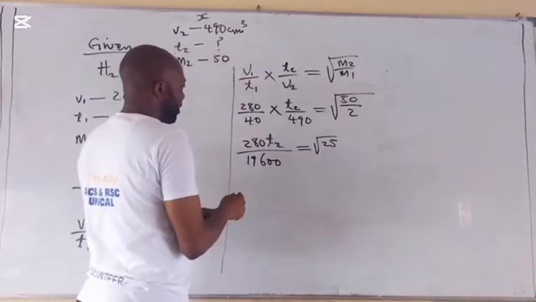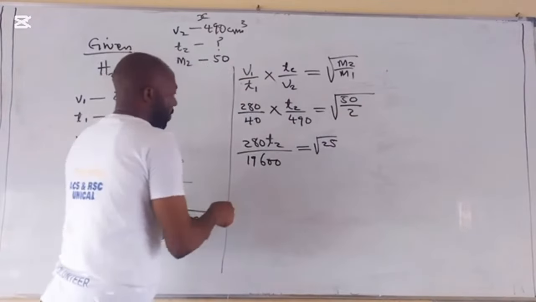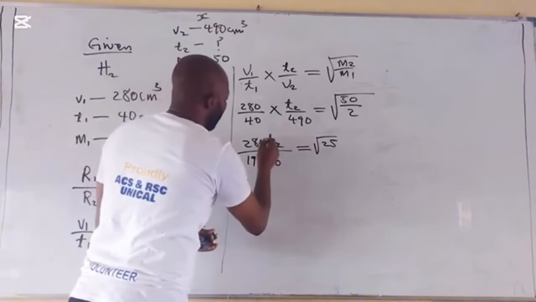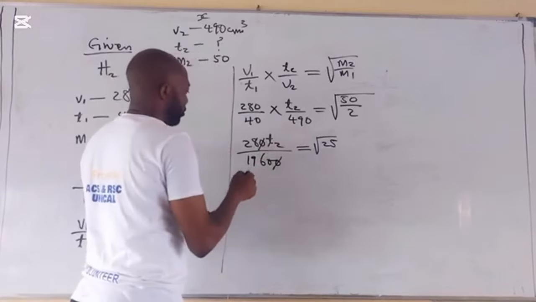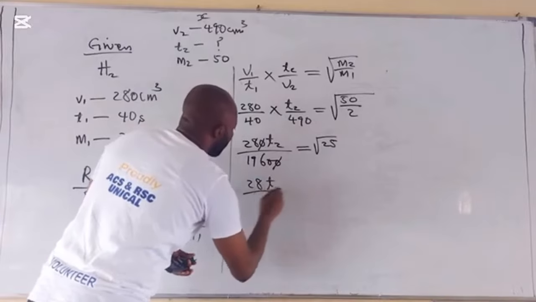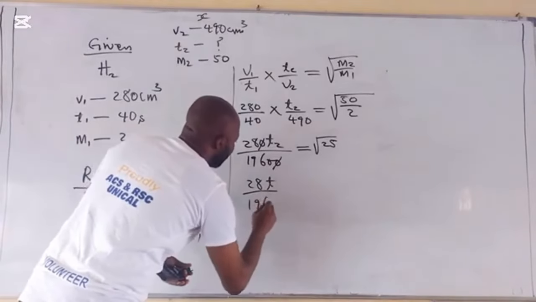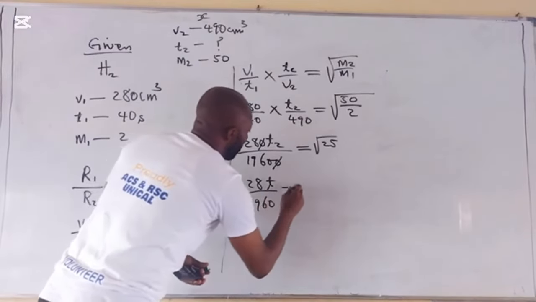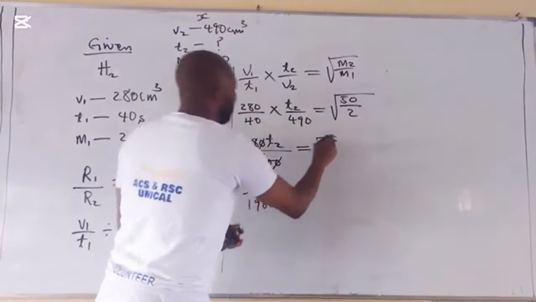So let's see. I have 28 T over 1960 equals 5. The square root of 25 is 5.